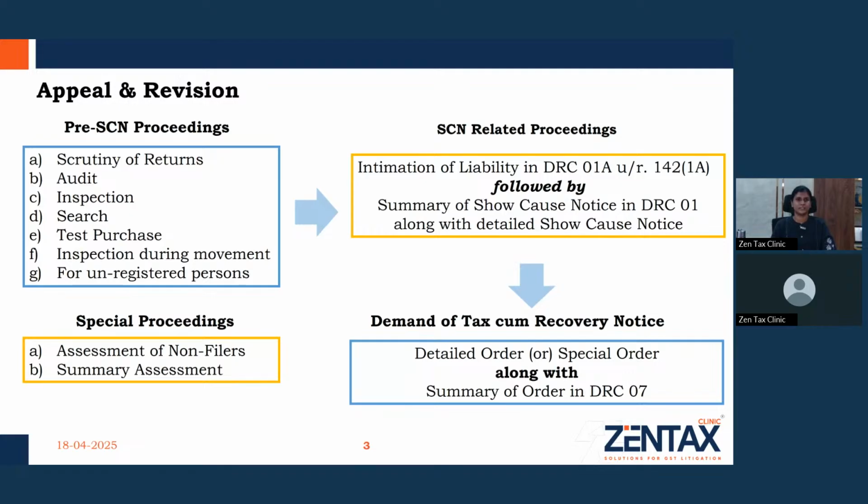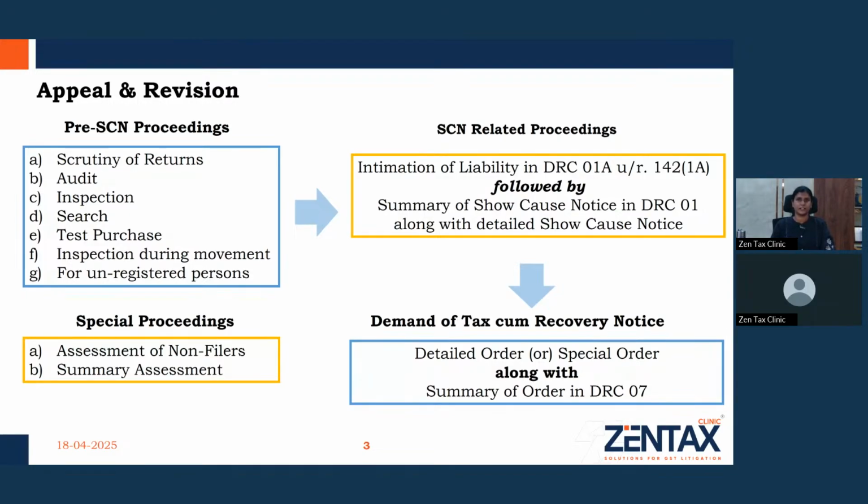When we talk about pre-show cause notice proceedings, we may have a scrutiny of returns, or audit, or inspection, or search, or test purchases, or inspection during movement of goods, or these proceedings can also be initiated against unregistered persons. So all these pre-SCN proceedings may lead to SCN related proceedings.